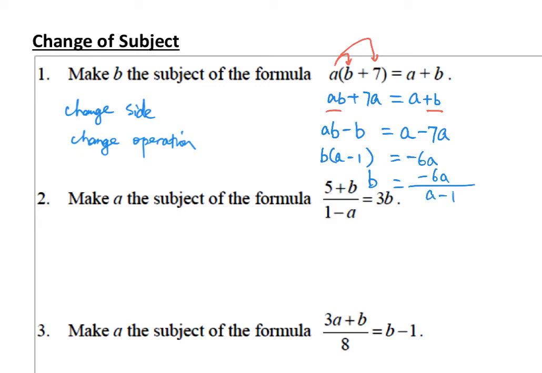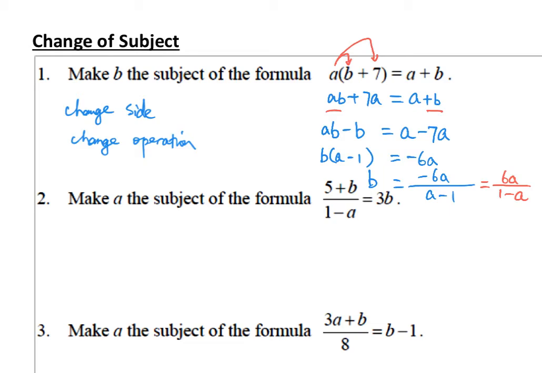Okay, for the last step, I will write 6a over 1 minus a. I don't want to see negative sign here. If this is also negative, also minus, then I will move this negative sign in the denominator, so it will become negative a plus 1, which is negative a plus 1.